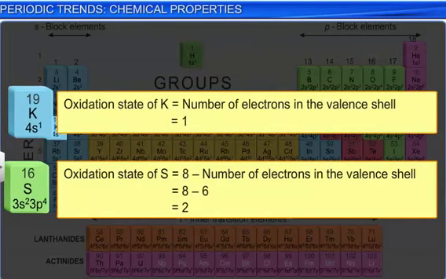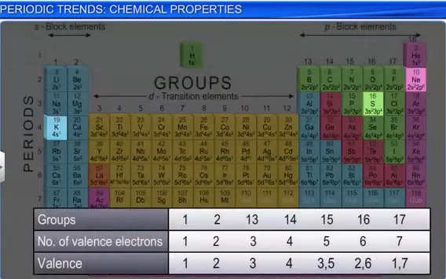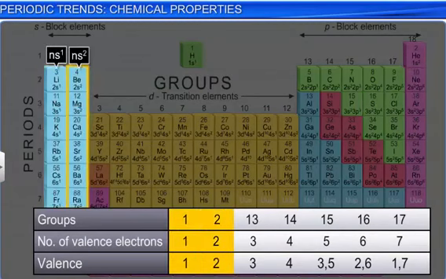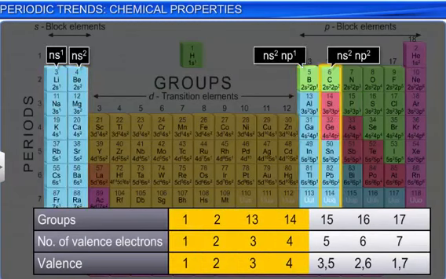As can be seen from the table, for representative elements belonging to groups 1, 2, 13 and 14, the oxidation states shown by elements is given by the number of valence electrons.